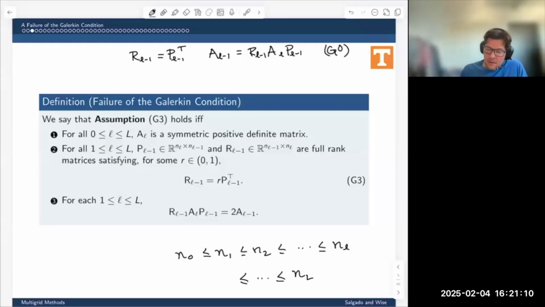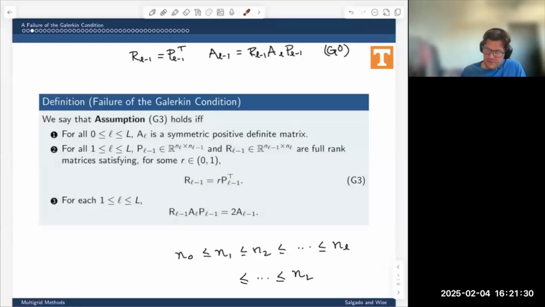Typically, we're going to assume that n1 is strictly bigger than n0, n2 is strictly bigger than n1, because it doesn't really make sense to assume differently.